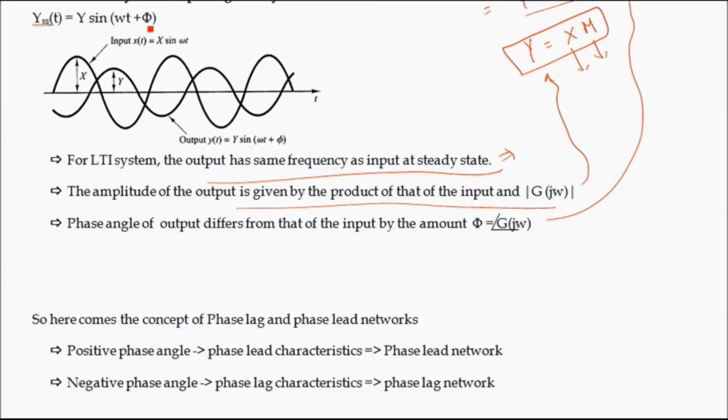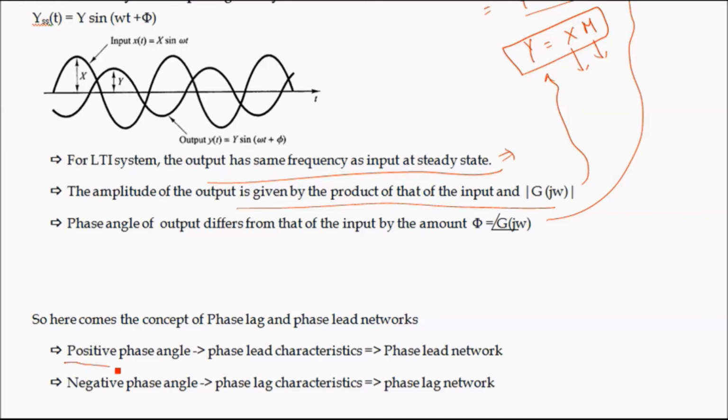So if phi is positive, then the transfer function is producing a positive phase in the input, and we may say that it is a phase lead network, or it will have phase lead characteristic.